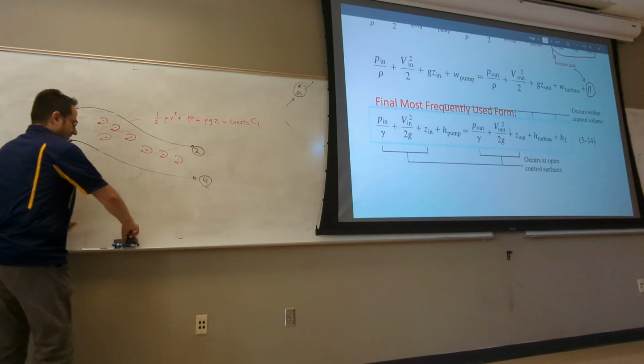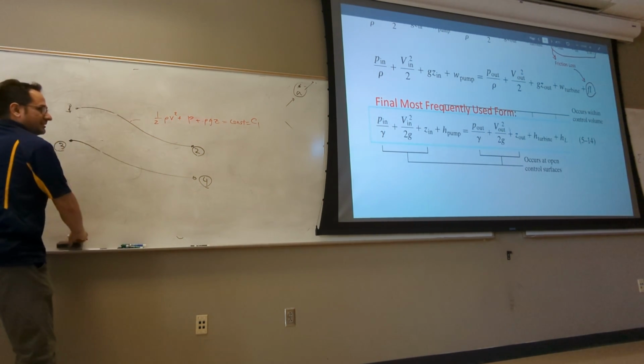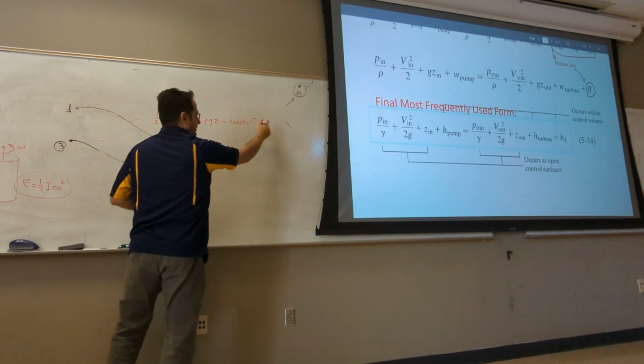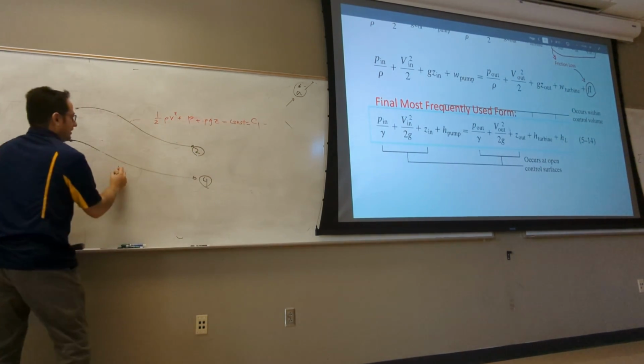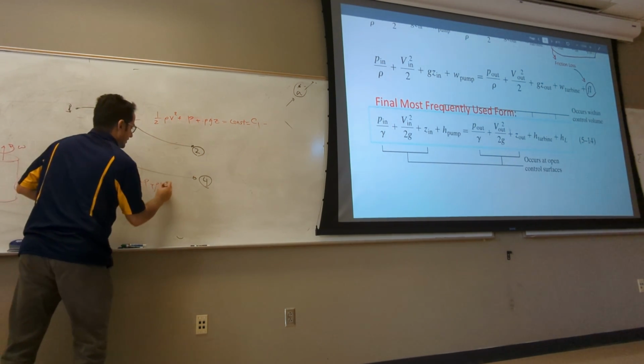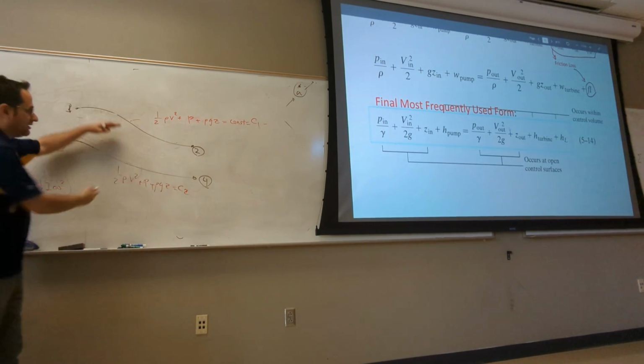That means you don't have all this. That means when you go from here to here, this constant is the same, right? C1, for this, you have 1/2 rho v squared plus P plus rho gz is C2. So in that case, if there is no rotation, these heads are the same.